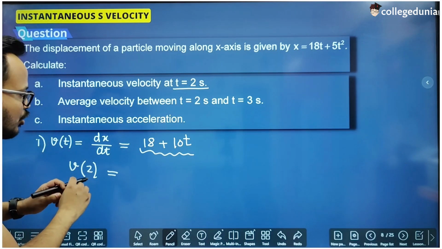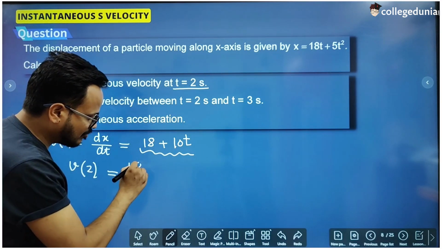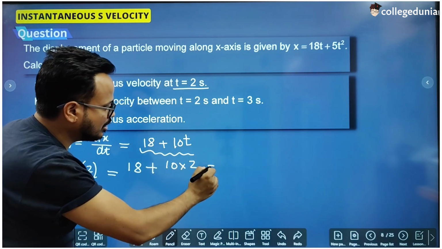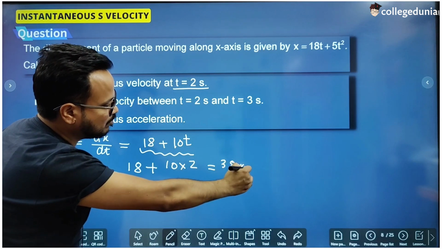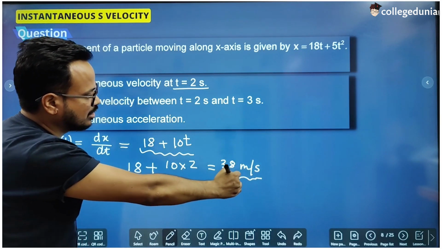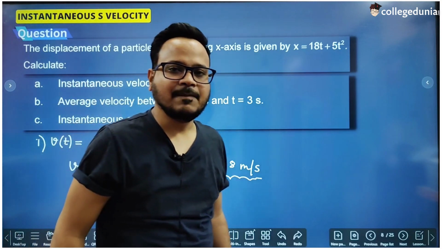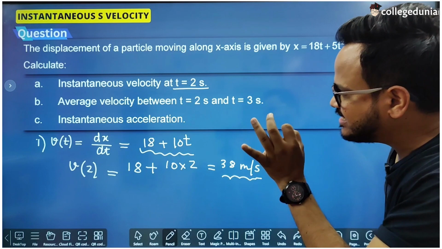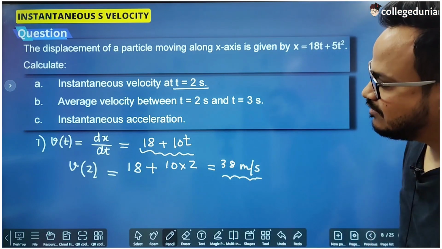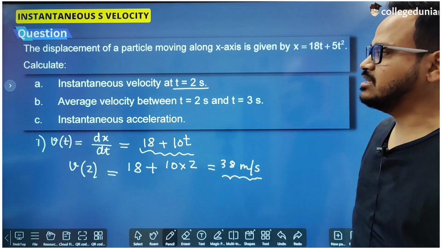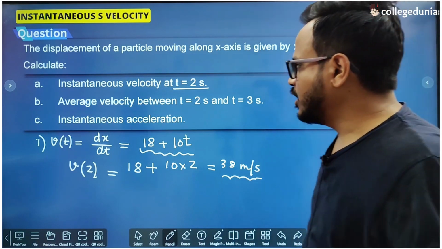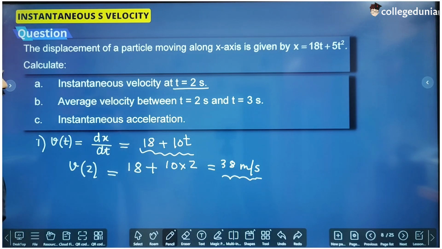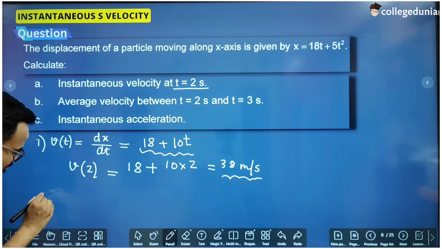But putting 2, it is 18 plus 10 into 2, which is 38 meters per second. This is the velocity of this body at exactly t equal to 2 seconds, and that is called the instantaneous velocity. In the second part, we have to find the average velocity between 2 seconds and 3 seconds.